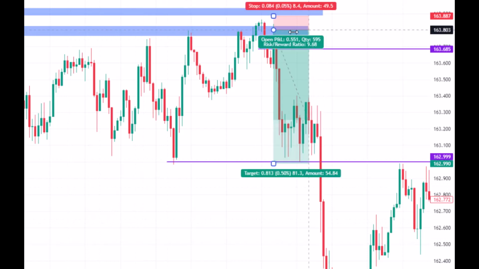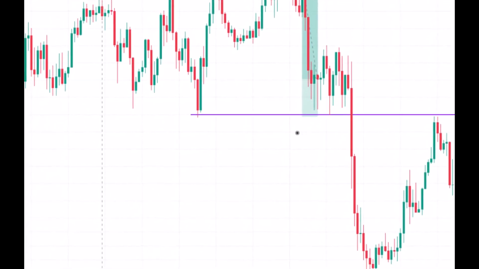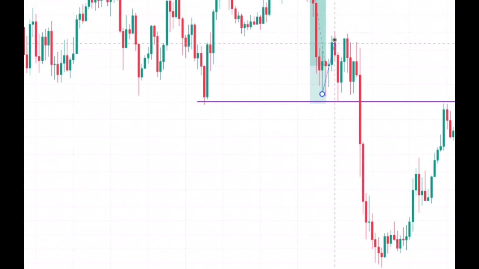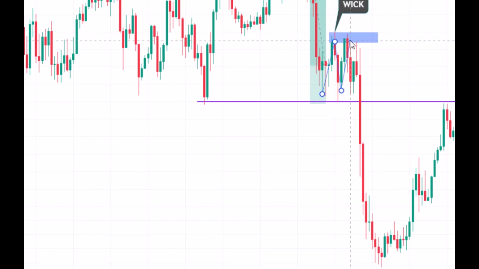Also, if you take a look at this level, as price moved to the upside, you see here it created some sort of wicks. You wait patiently as price approaches that same level of wick. Let's annotate it here, this wicks. You see, as price approaches that same level of wick at your level of resistance, you want to see price fulfilling your criteria.